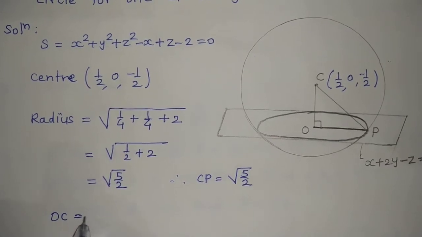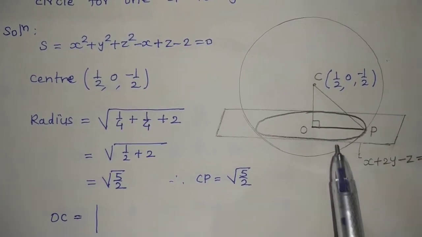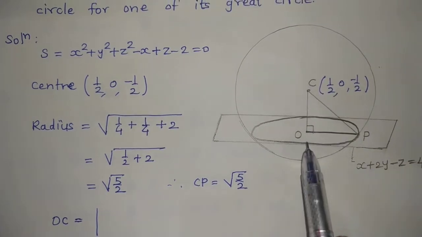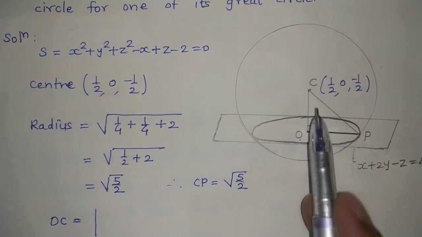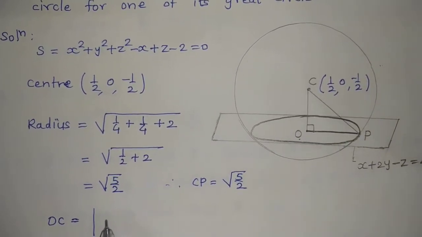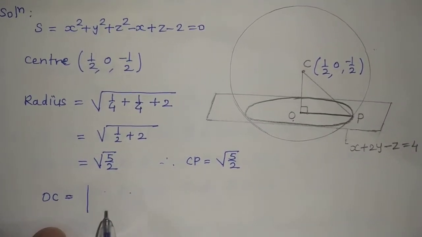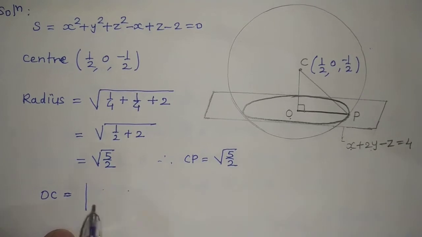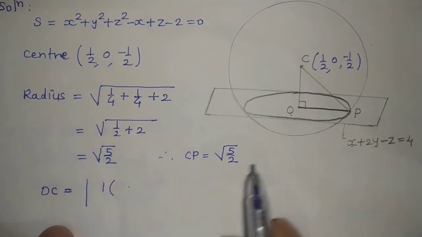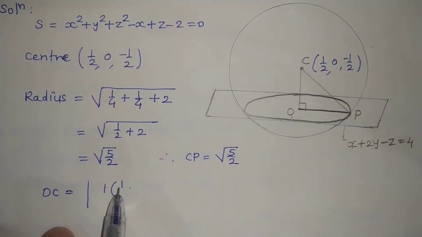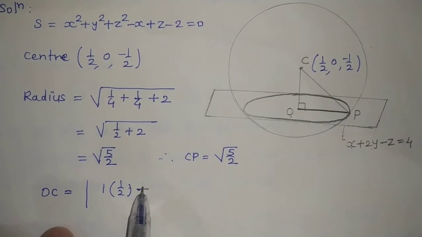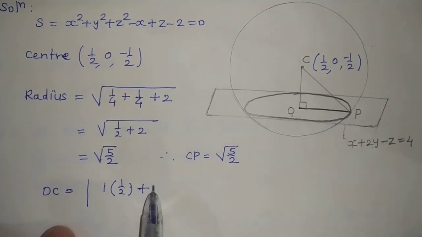I write here OC is equal to the distance of this point from this plane, the perpendicular distance, which is given by the modulus of ax1 + by1 + cz1 - d, divided by root of a² + b² + c². Here a is 1, x1 means the coordinates of this point, that is 1/2, plus b is 2, 2 into 0, plus c is minus 1, into minus 1/2.